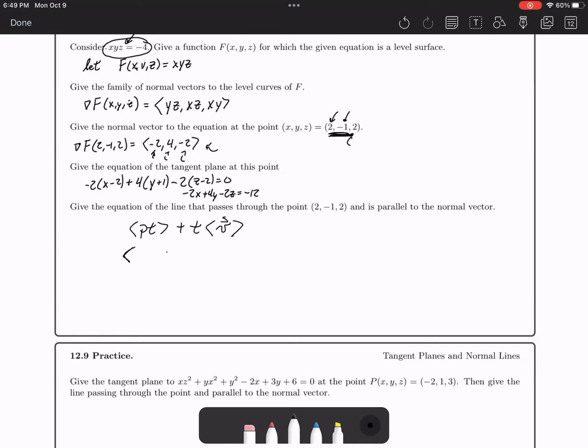So obviously a point on the line would be this point, right? I'm looking for a line that passes through that point. So 2, -1, and 2. And then for the direction of my travel, I need to be parallel to the normal vector, i.e. I need to be traveling in that direction. So this is the normal vector.